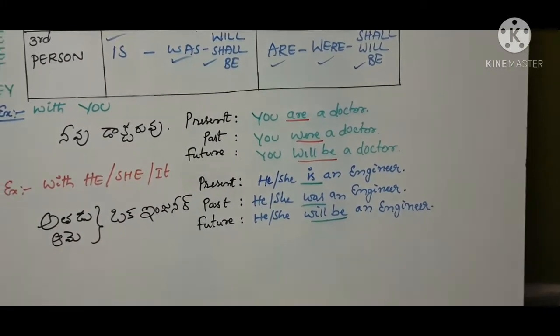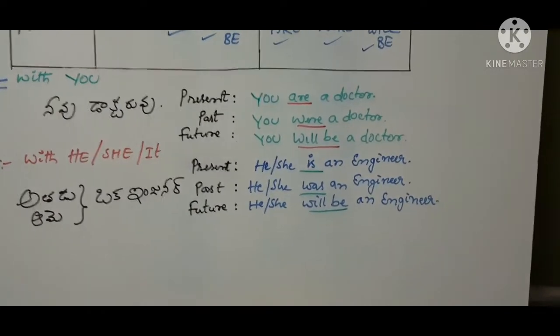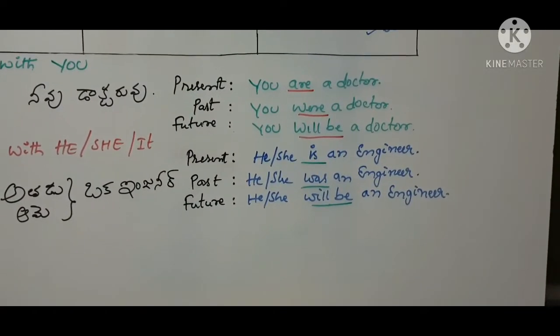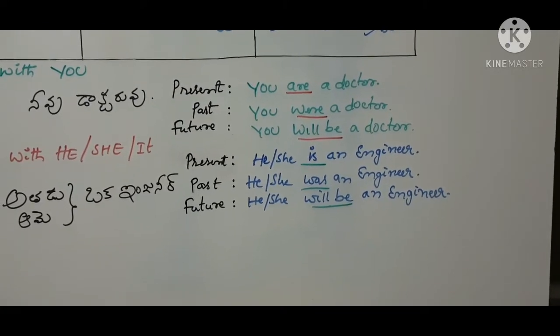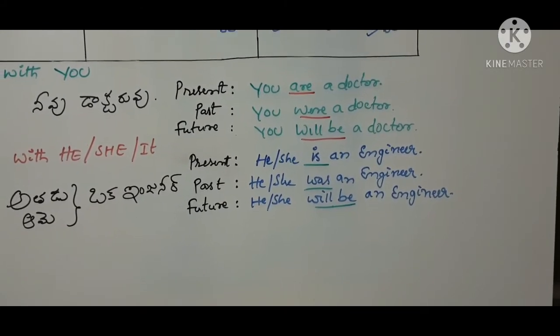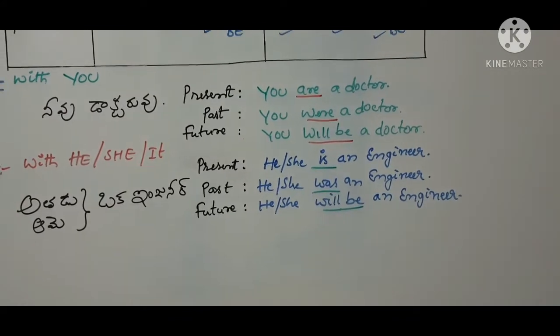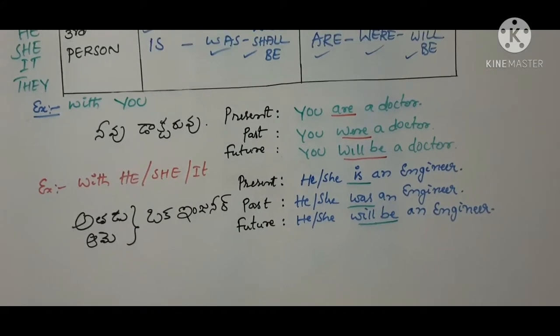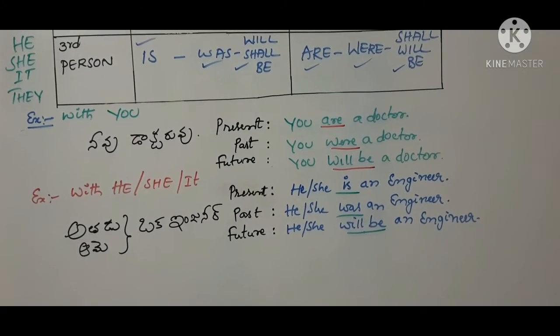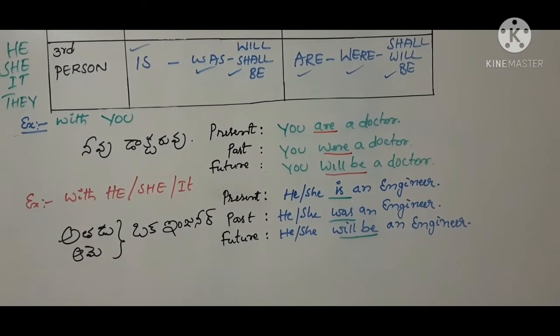He or she is an engineer, for present. He or she was an engineer, past tense. He or she will be an engineer. This is the way we make sentences with personal pronouns and their be forms.